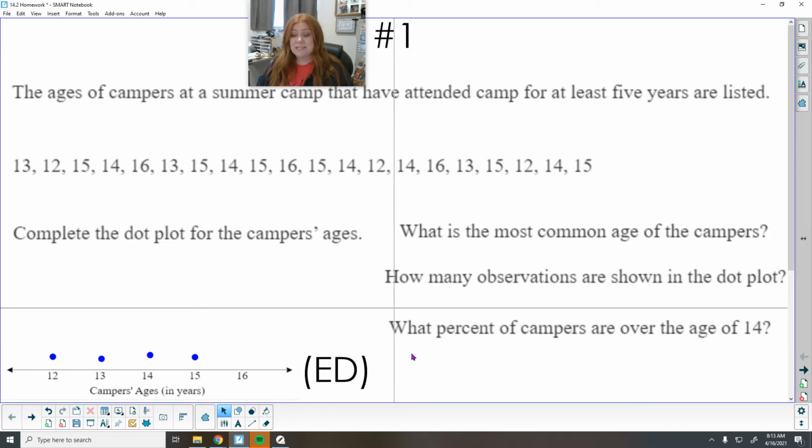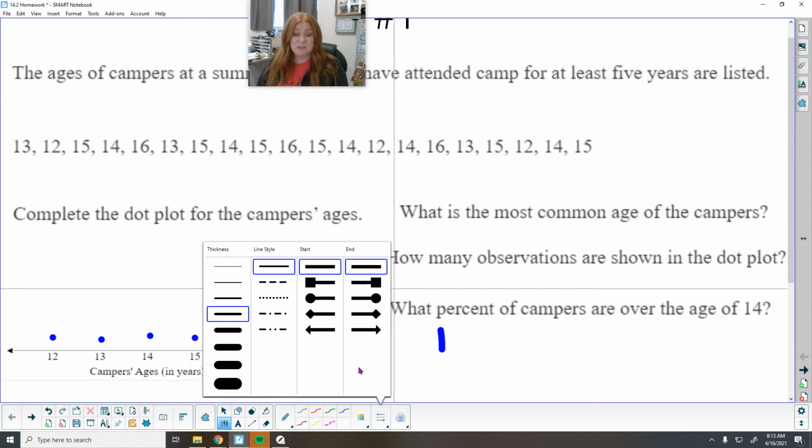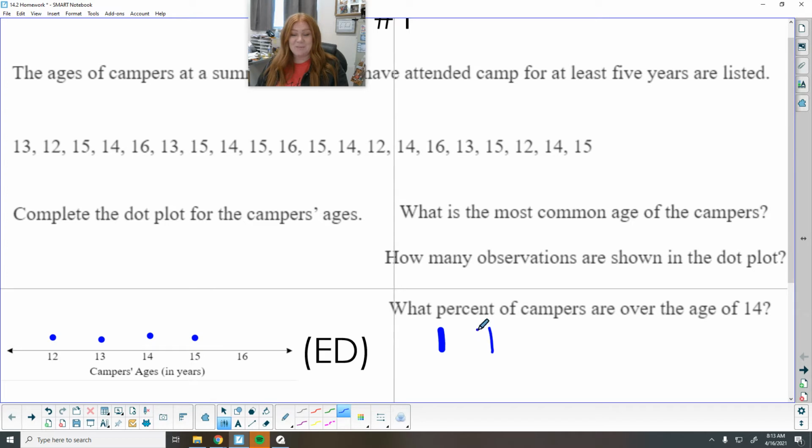Then, what percent of campers are over the age of 14? It does not say 14 or older. It says what percent of campers are over 14? So we want to put the part over the total.